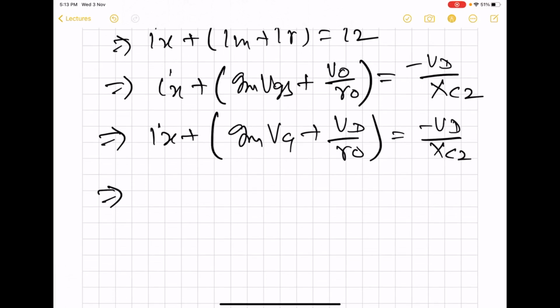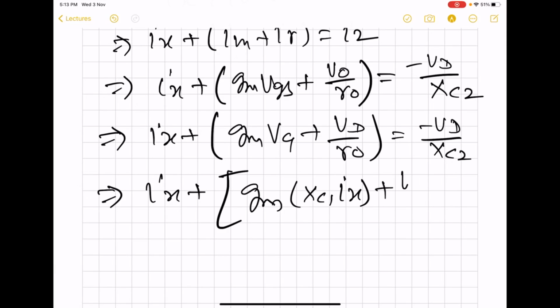So from here, we can now write this VG. We have already found it out. So this becomes gm into XC1 Ix plus Vd by R0 equal to minus Vd by XC2.